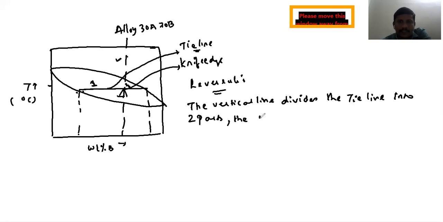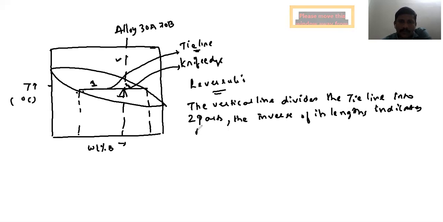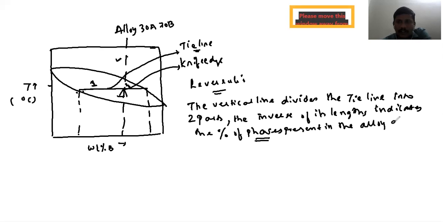The inverse of its length indicates the percentage of phases present in the alloy at any temperature. So let us understand this.